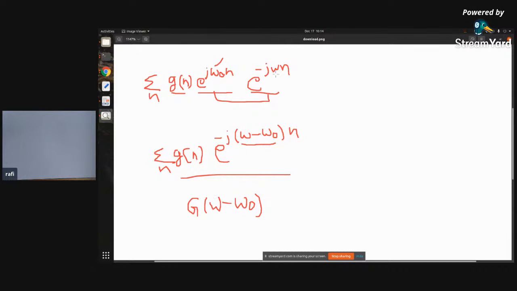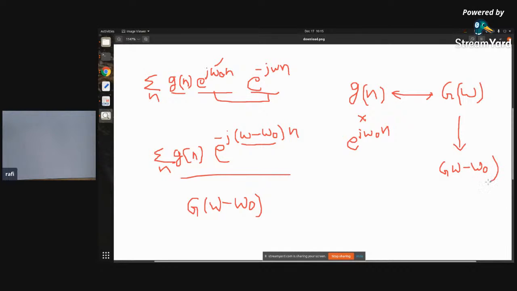From earlier, when you take g of n alone, for g of n you have a DTFT, G of omega. When you multiply this with e power j omega naught n, which is a purely complex signal, a complex exponential with a fixed frequency omega naught, this will shift to G of omega minus omega naught.